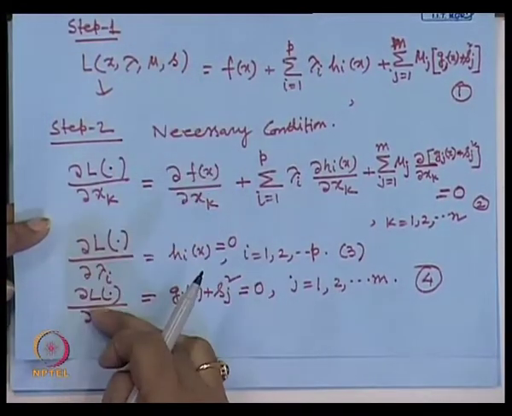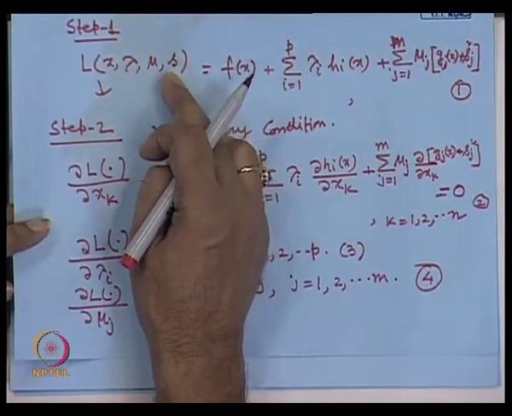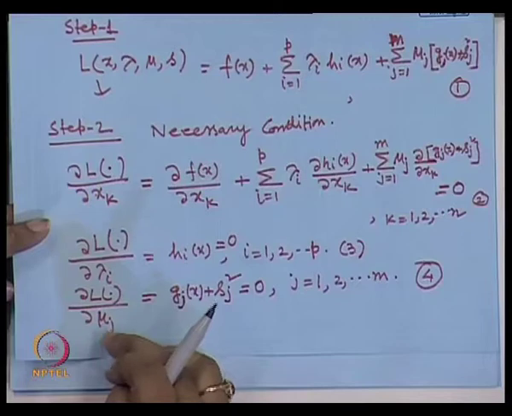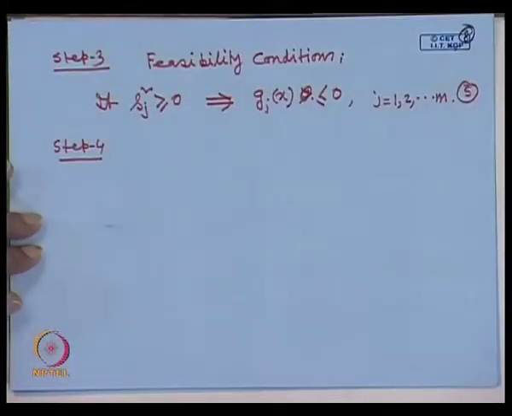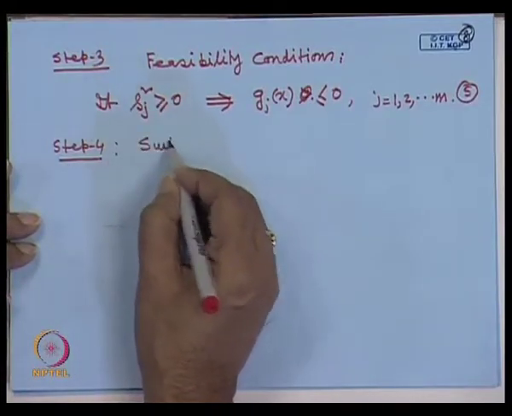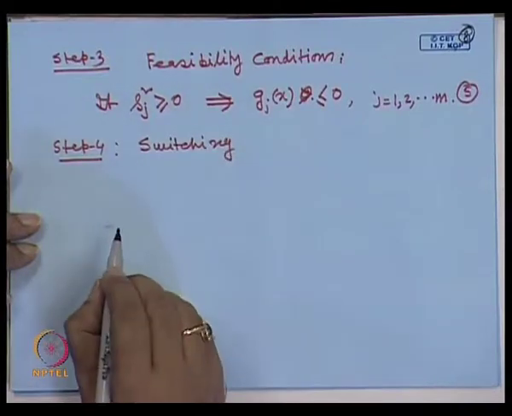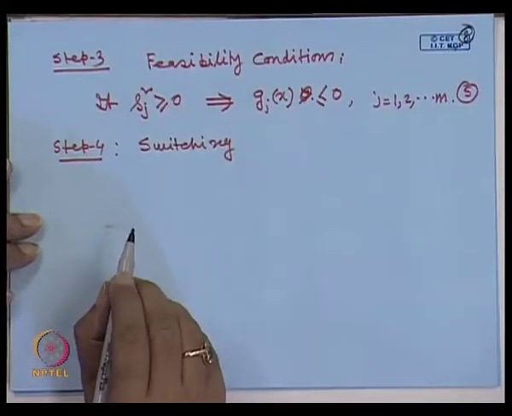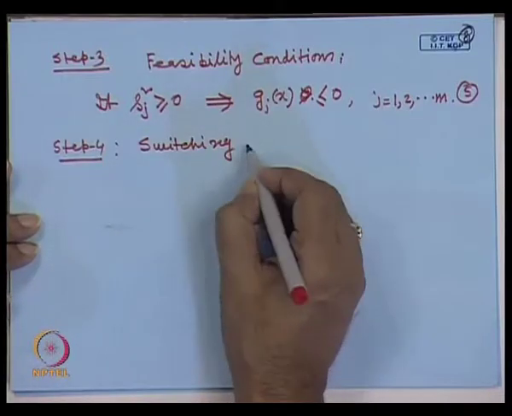That means we have to find the partial differentiation of L with respect to S 1, S 2, dot dot, S m. That we call the switching conditions. Why is it a switching condition? You will see later, by clubbing equation 4 with that, I will write it as switching conditions.